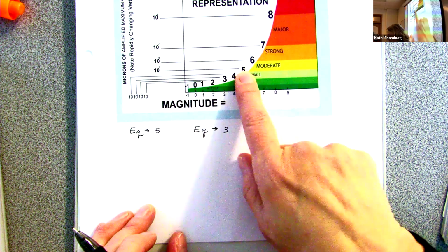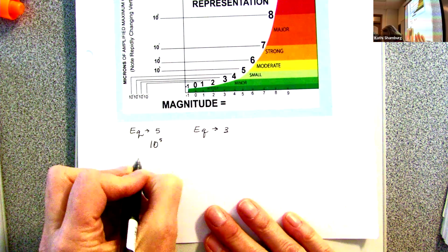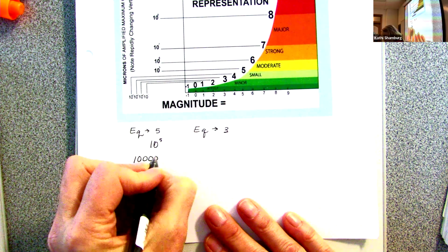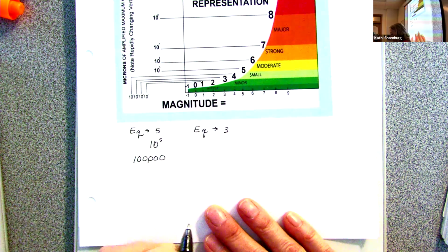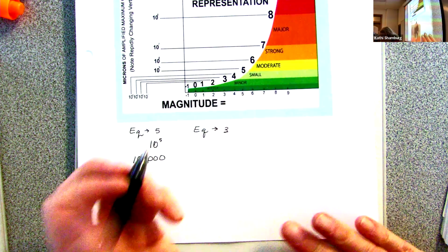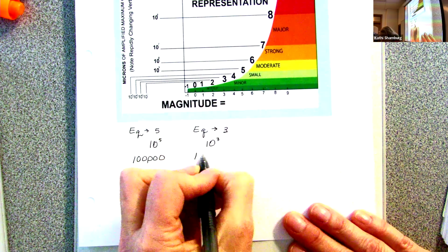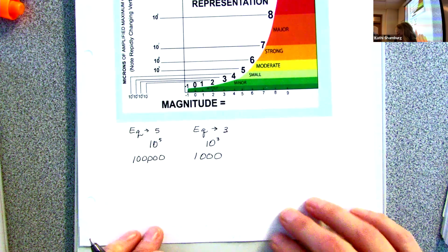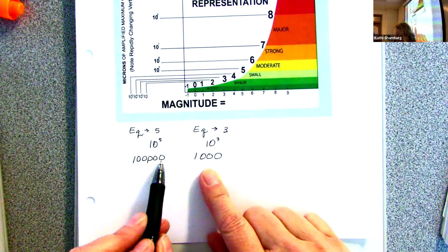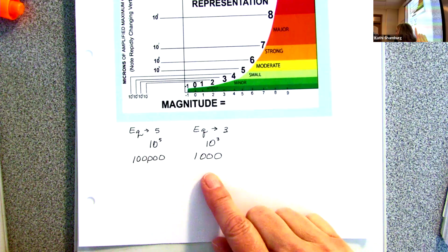5 means 10 to the 5th, which would be 1, 2, 3, 4, 5 zeros. An earthquake of magnitude 3 would mean 10 to the 3rd, which is 1, 2, 3 zeros.